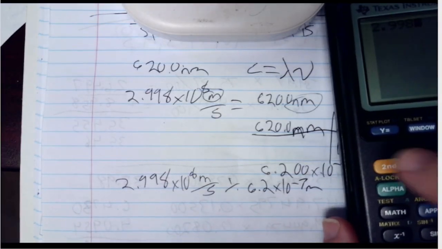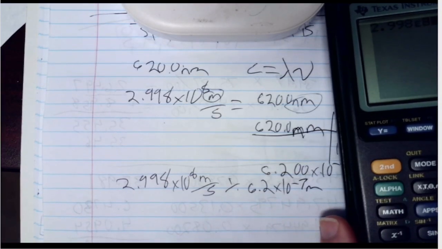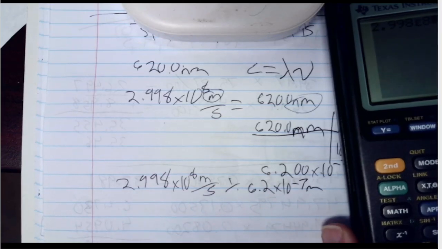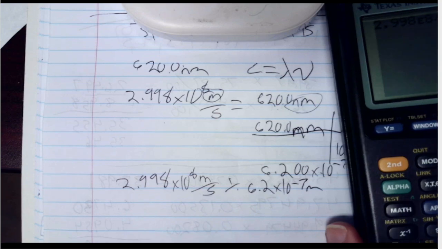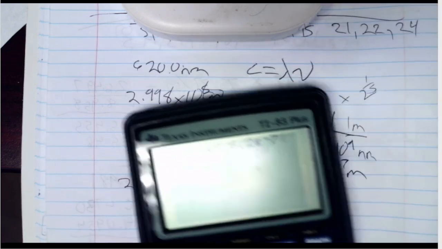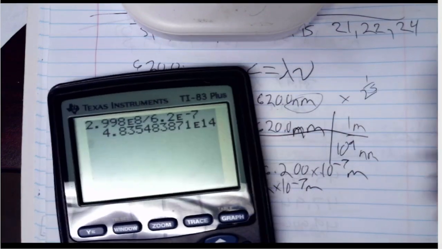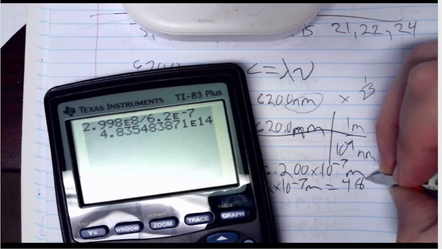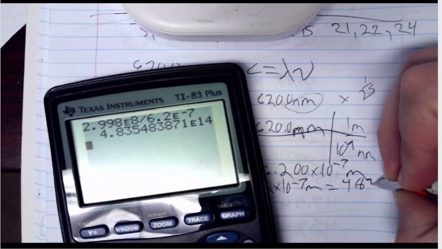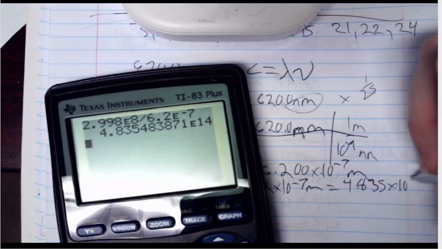I'm going to put it in the proper sig fig notation, so I will not risk getting it wrong. So you should get 4.835 times 10 to the 14th.